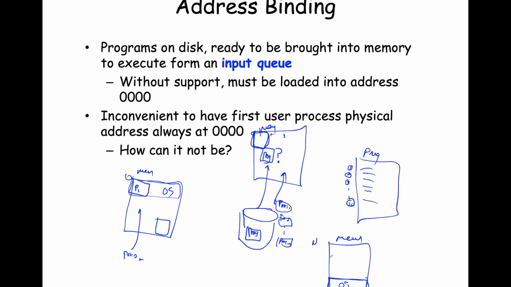So it's not practical to have the first user process always loaded at address 0, so we need some support to translate or map these locations within the program for instructions in its instruction stream to memory addresses when it's loaded.